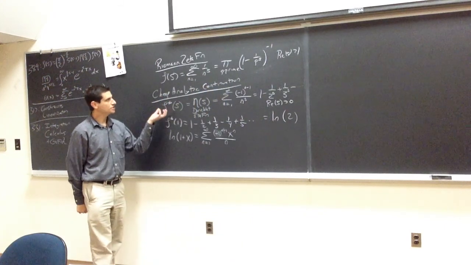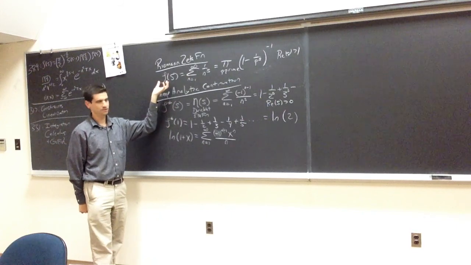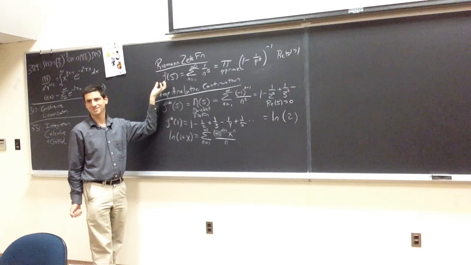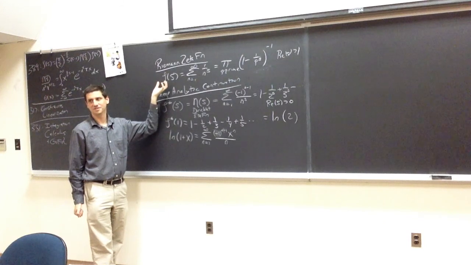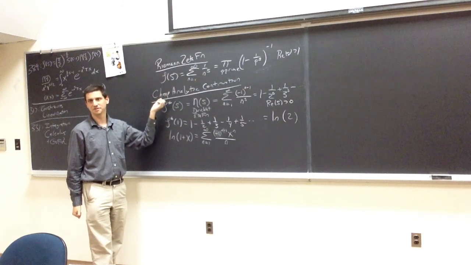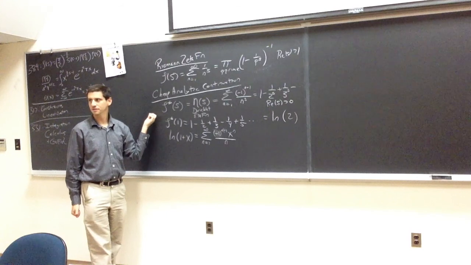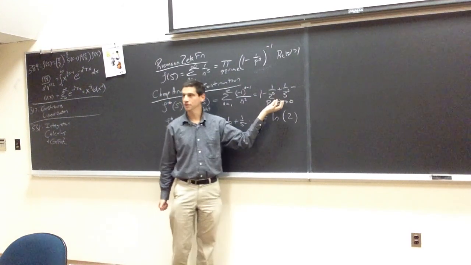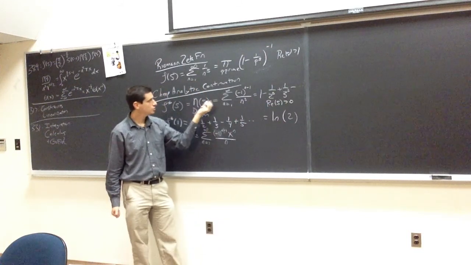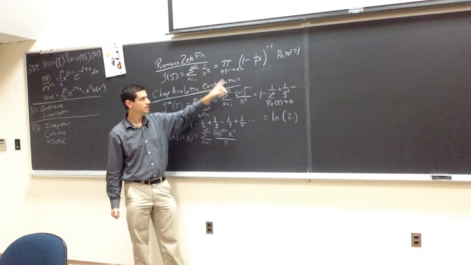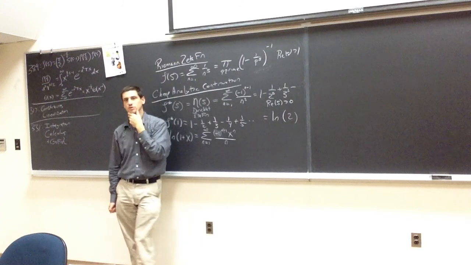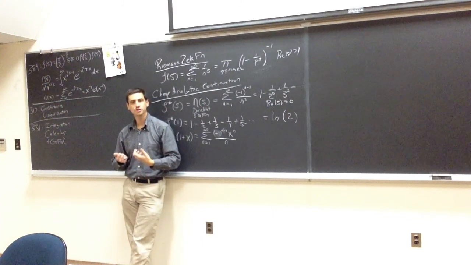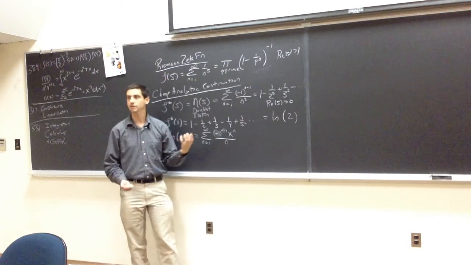Why does this belong on the same board as the Riemann zeta function? Is it that different? It's an alternating version of the Riemann zeta function. All we've done is change the coefficients from being 1 every place to being (-1)^(n-1), to just alternate. In fact, this is the beginning of an introduction to generalizations of the Riemann zeta function to L functions.